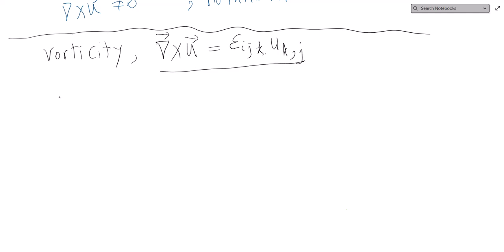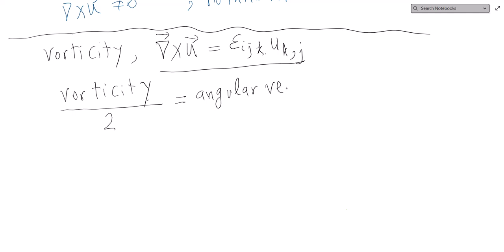And we showed that if we divide this vorticity by 2, it is actually the angular velocity of the flow.